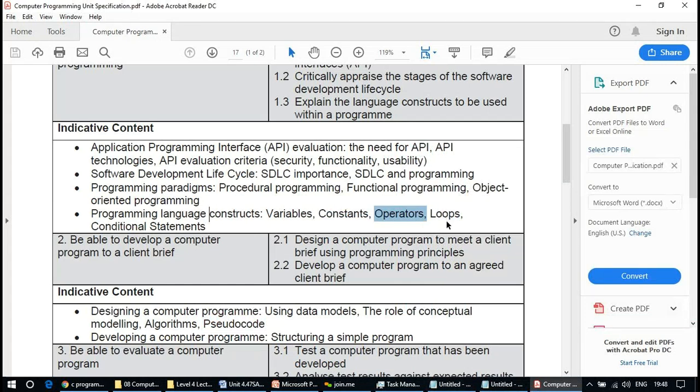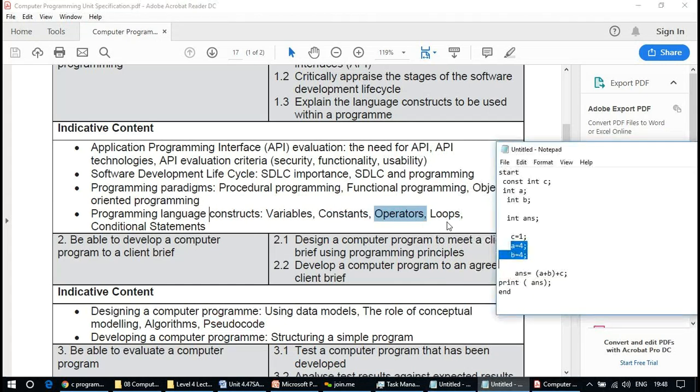So if I ask you to give me the answer, for example, how much was the answer of addition when the values are 2 and 2? It was 4, wasn't it?